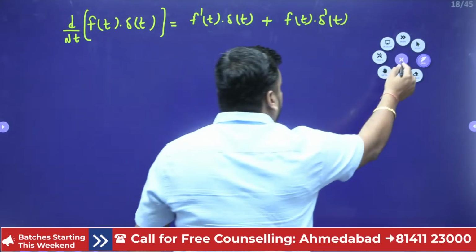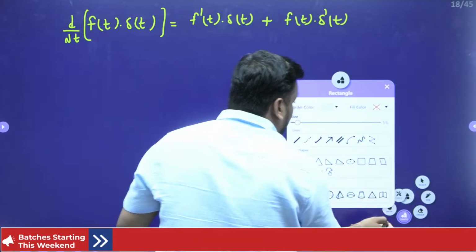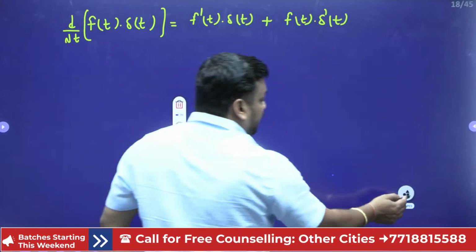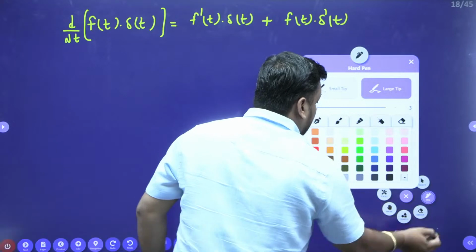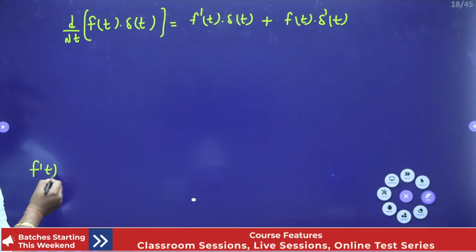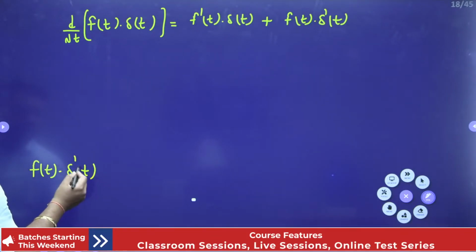My objective is to find the multiplication property of the doublet signal. It means I want f(t) times del dash t. This is what I am looking for.